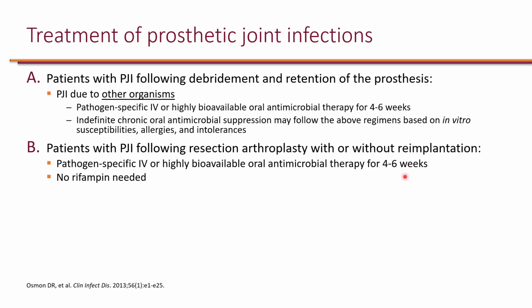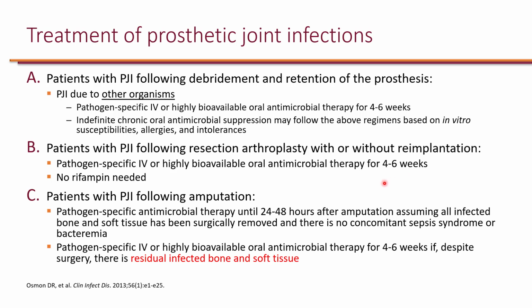And for patients who receive amputation, these are the patients who receive the maximum amount of source control. And the way that we find out if they received absolute complete source control is that we wait for culture results 24 to 48 hours after amputation. And this is basically a culture from residual infected bone and soft tissue.